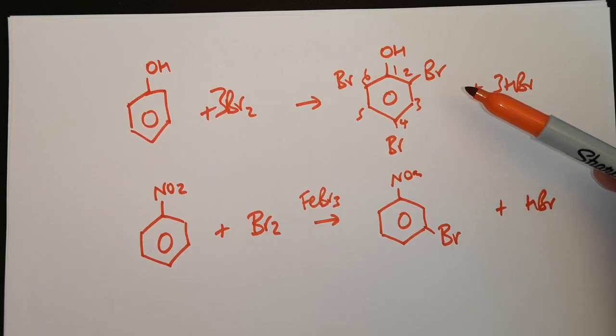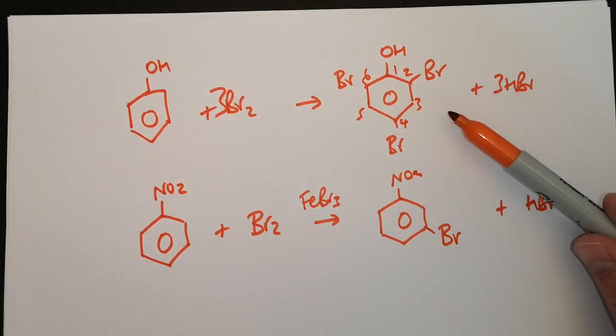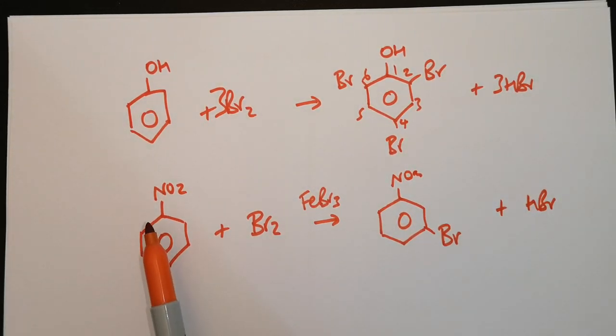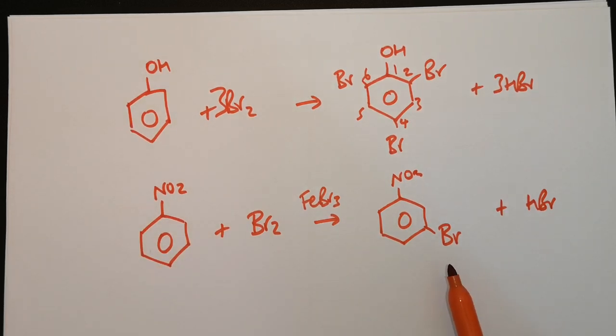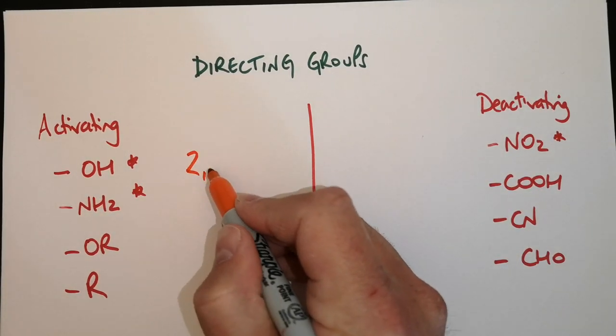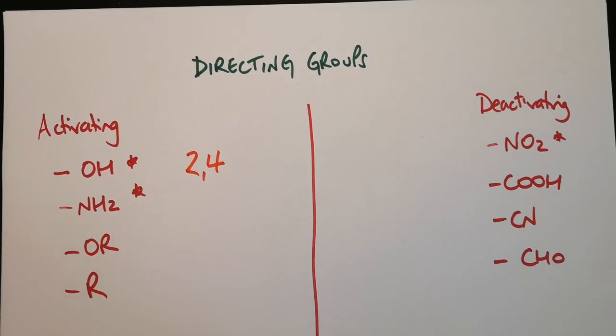There is a link between whether it's an activating group and the position it directs the next substitution to, or whether it's a deactivating group and the position the next substitution goes to. So let's remind ourselves of the activating and deactivating groups. As we saw with the phenol, this then directs to either the 2 or the 4 position.